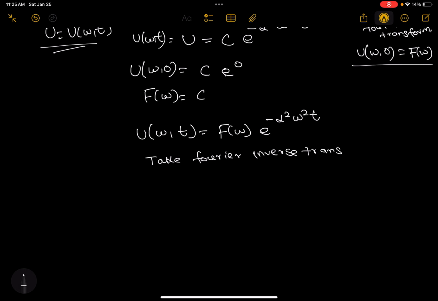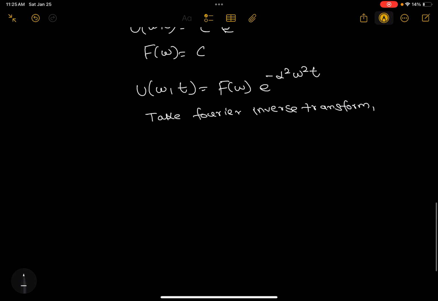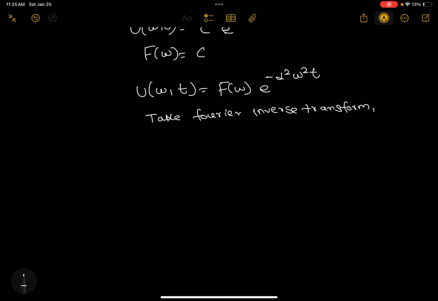Now, unlike the Laplace inverse transform, in this case we don't really need to know any tables, because it's easy for the Fourier inverse transform. Let's say if I want to find f of x from F of omega, that's just 1 by 2 pi times the integral from minus infinity to infinity of F of omega times e to the power i omega x d omega, right?